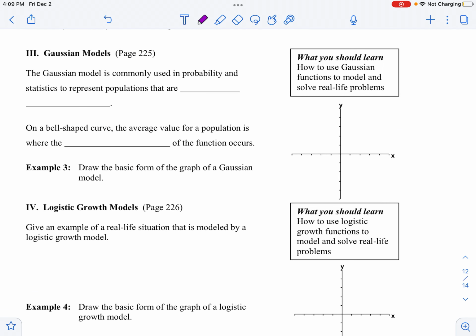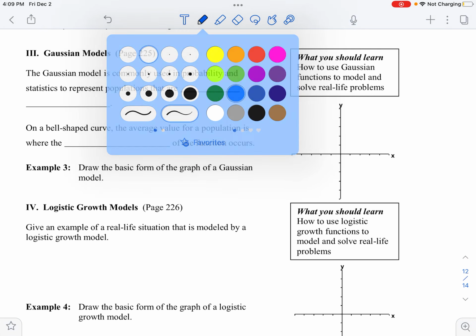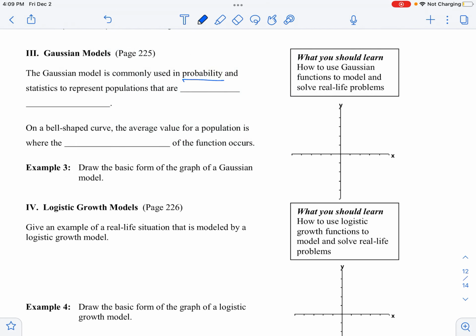So talking about Gaussian models, the Gaussian model is commonly used in probability and statistics to represent populations that are actually called normally distributed. If you ever take statistics, you'll hear this term all the time. And that's what that bell curve looks like.